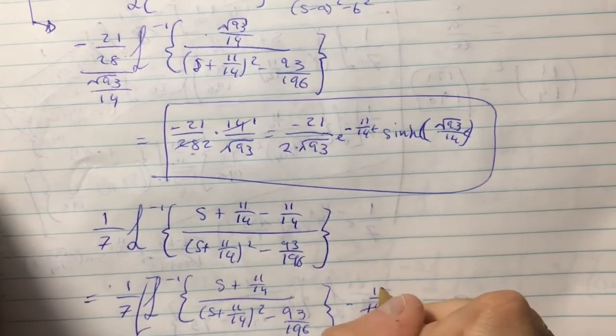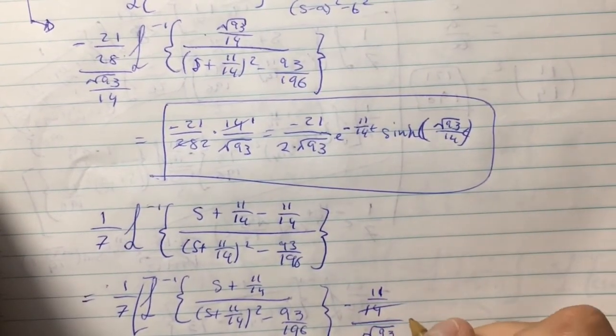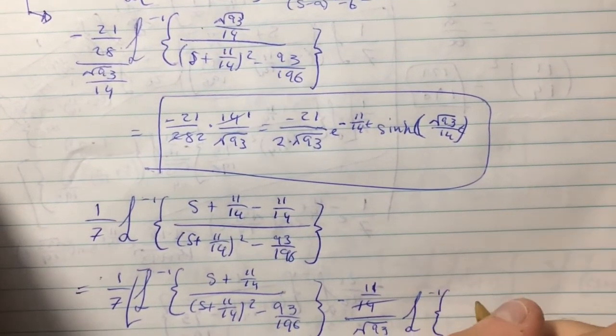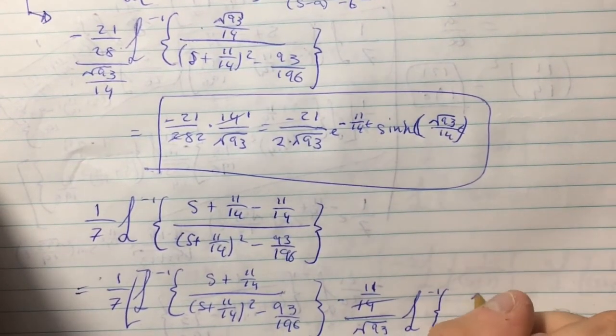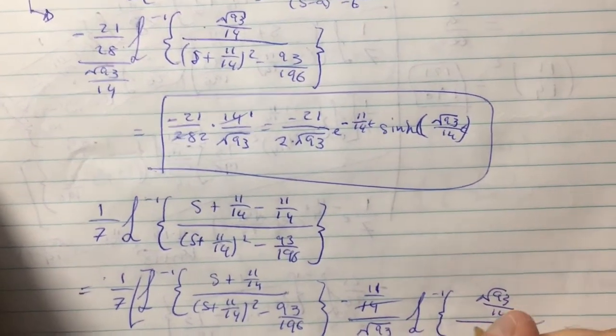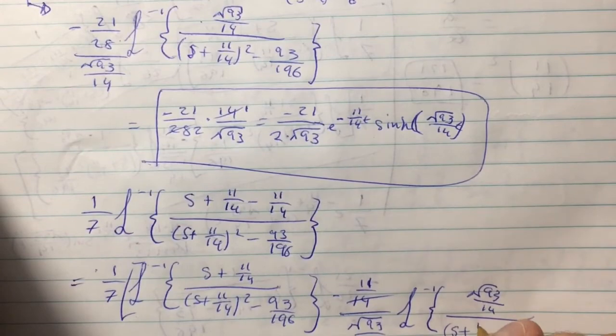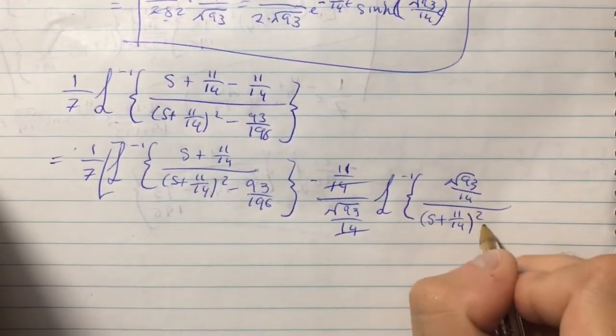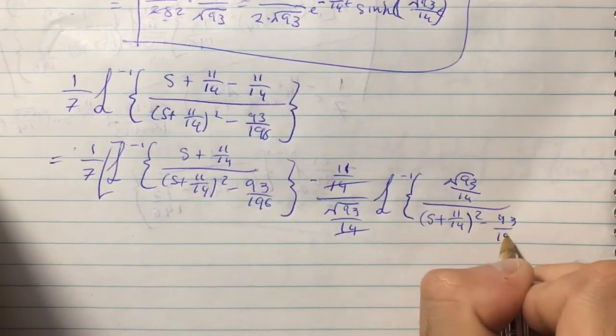These guys are going to cancel, and that's multiplied by the inverse Laplace transform of, you guessed it, square root of 93 over 14 all over s plus 11 over 14 squared minus 93 over 196.